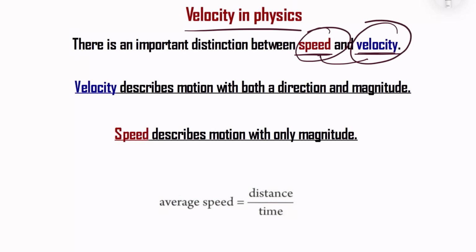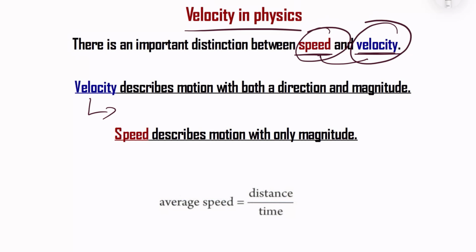So there is a difference between them. They are not the same in physics. Maybe in daily life you can use one instead of the other, but for scientific description we cannot use one instead of the other. Velocity has magnitude and direction together.